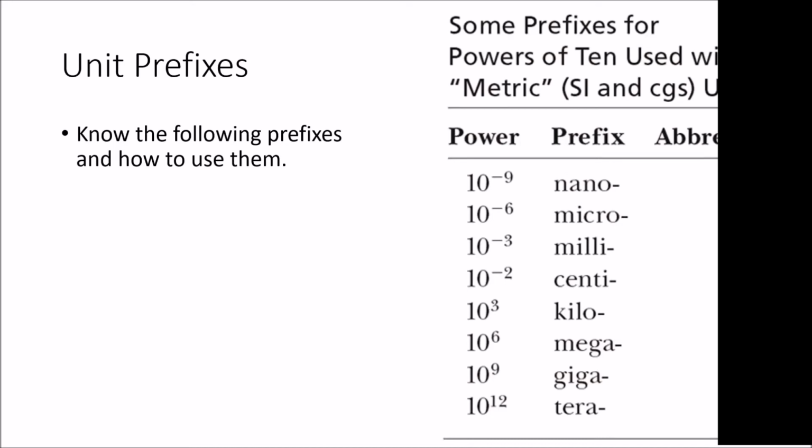Understand these, definitely know what these are and be able to actually use these on a test and understand how to convert. If I say that something is 48 micrometers or microns, then you'll be able to tell me how many nanometers that is, for example. Or something is a teragram, how many kilograms is that. Understanding those conversions is very, very important, I think.